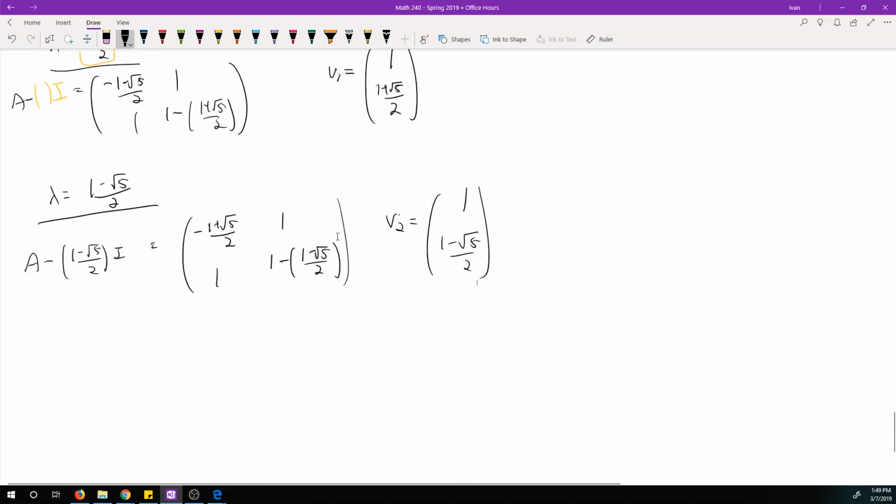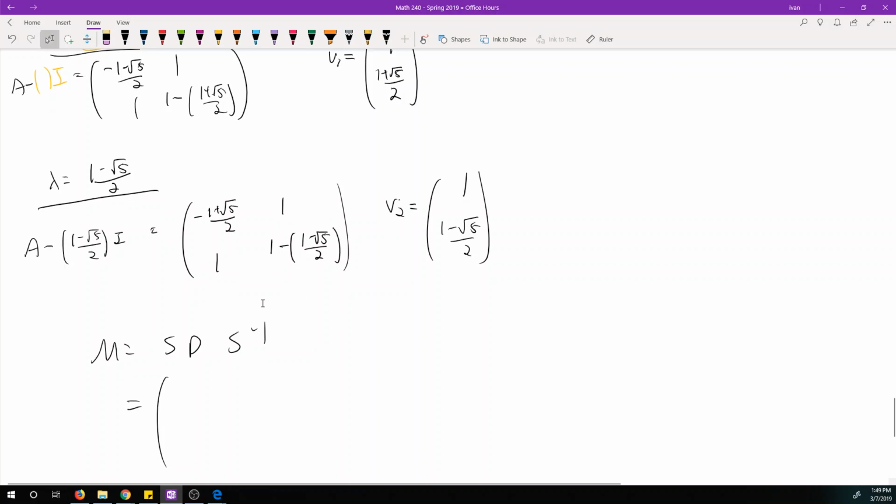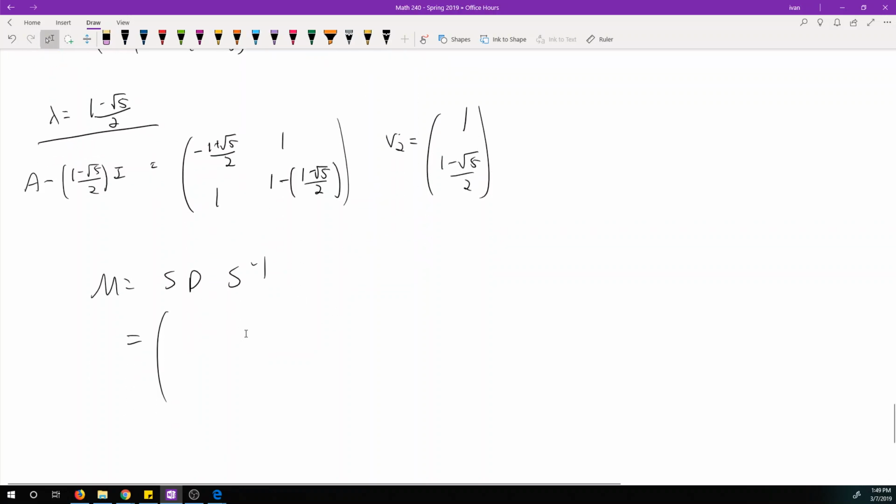We diagonalize m, right? So m is equal to S D S inverse. You can feel free to use Mathematica or something to compute S inverse. It might be a massive pain in the neck actually. So this is, I guess, 1 plus root 5 over 2, 1 minus root 5 over 2.